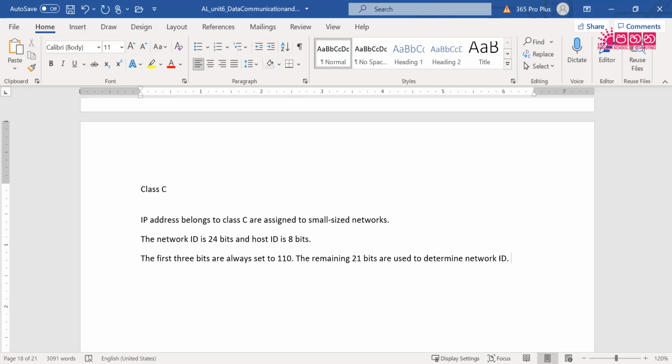So you have remained with 21 bits. The 8 bits are used to determine the host IDs.